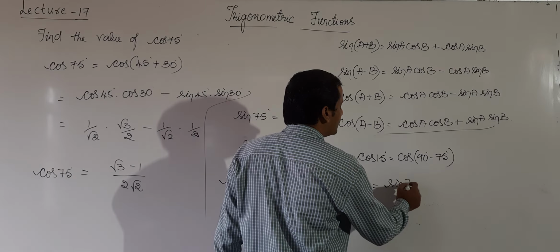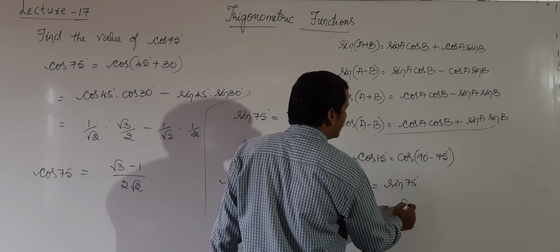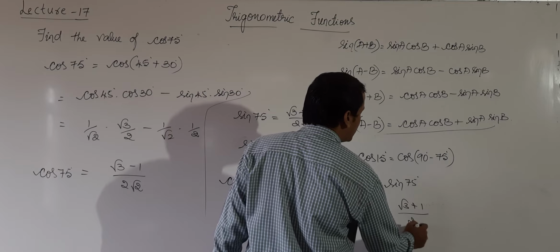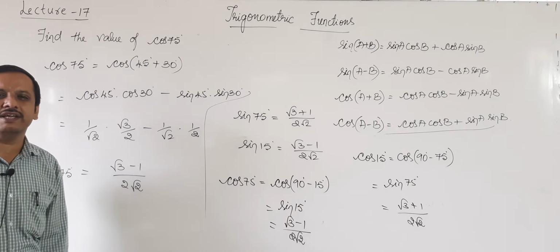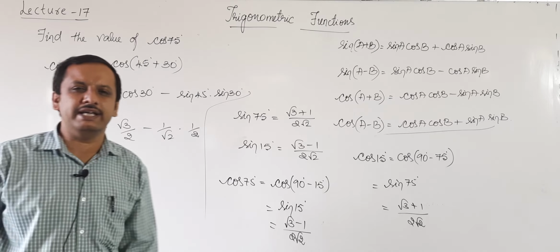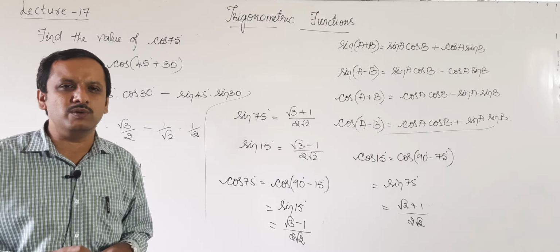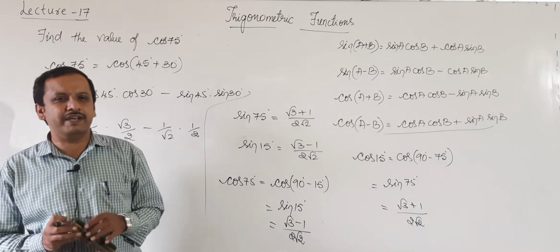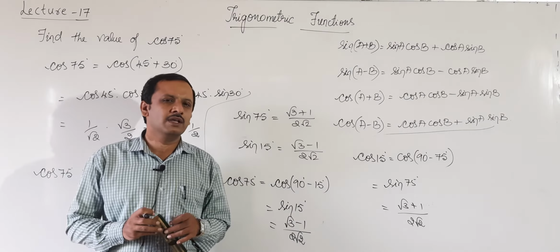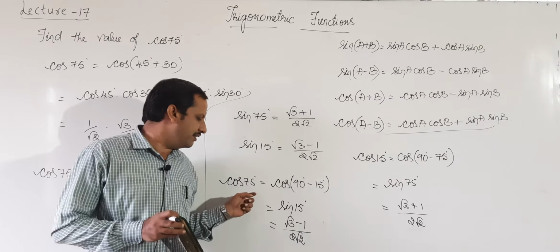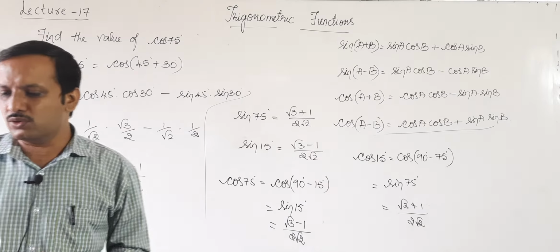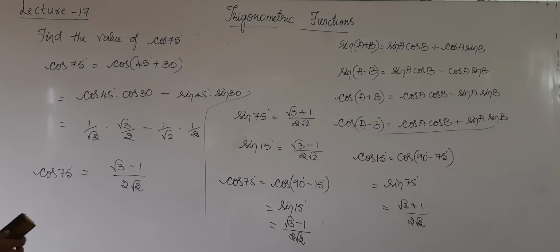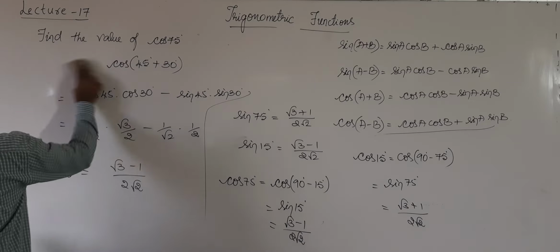So this is equal to sin 75 degree, and sin 75 degree value is equal to root 3 plus 1 by 2 root 2. So from this we observe that sin 75 degree is equal to cos 15 degree, that's equal to root 3 plus 1 by 2 root 2. Then sin 15 degree is equal to cos 75 degree, and that is equal to root 3 minus 1 by 2 root 2. Okay. All these values you should remember.